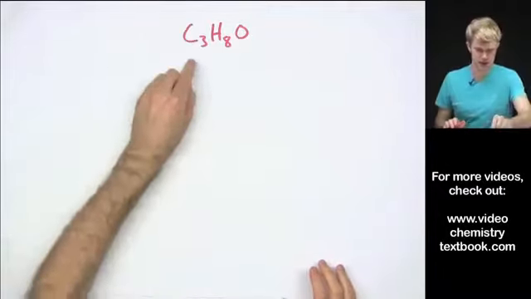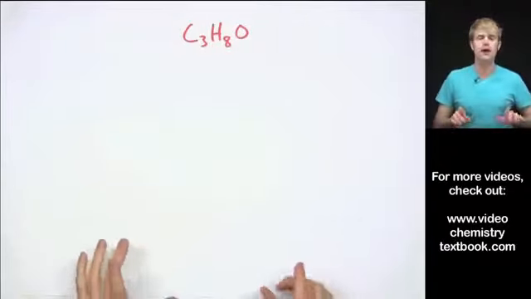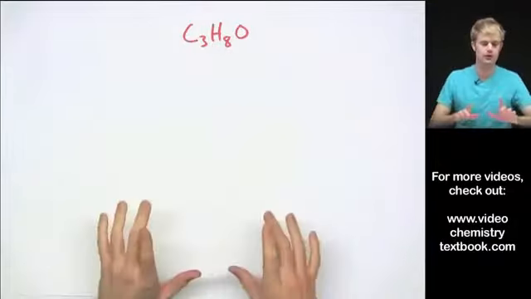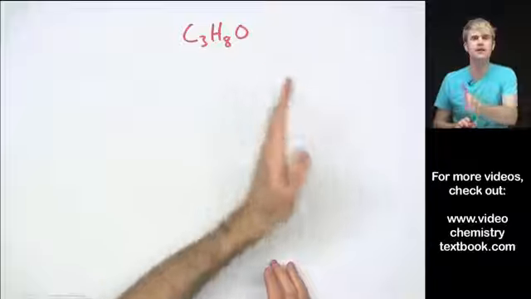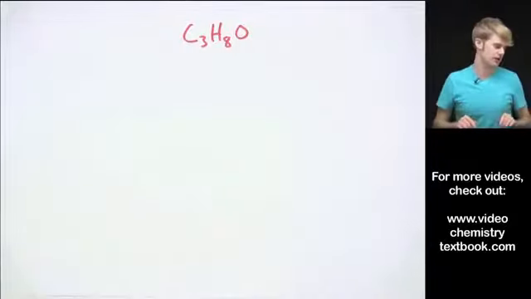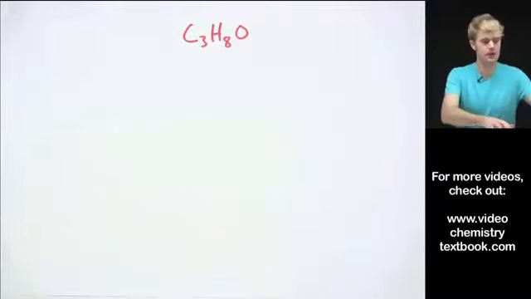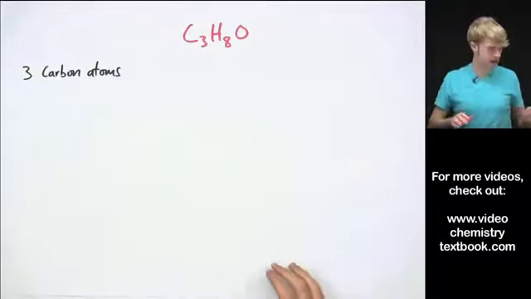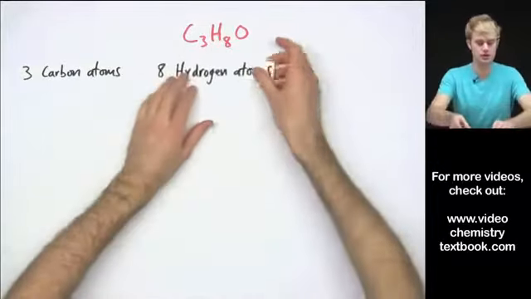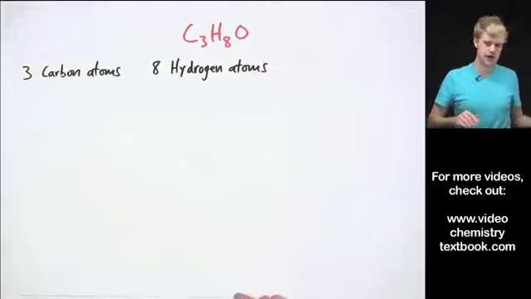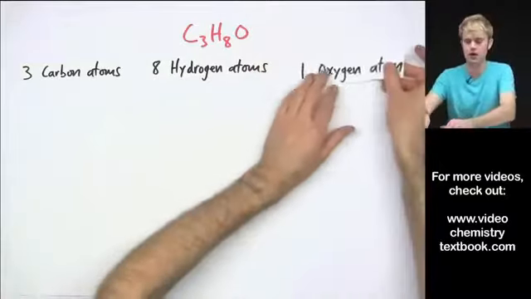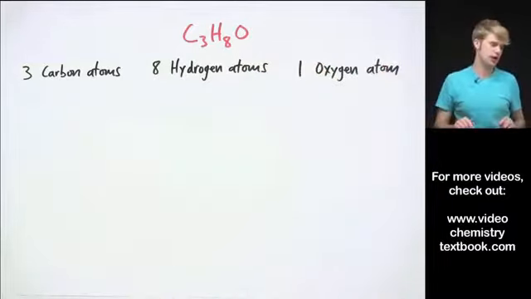Okay, C3H8O. As before, we look at the chemical formula to figure out how many of each type of atom we have here. So C3 means we got 3 carbon atoms. H8 means we got 8 hydrogen atoms. And O without anything after it means that we just have 1 oxygen atom.